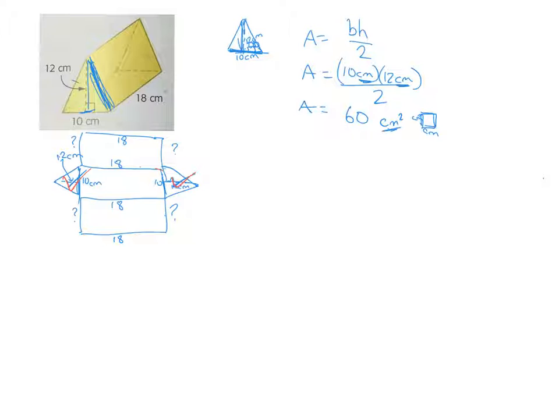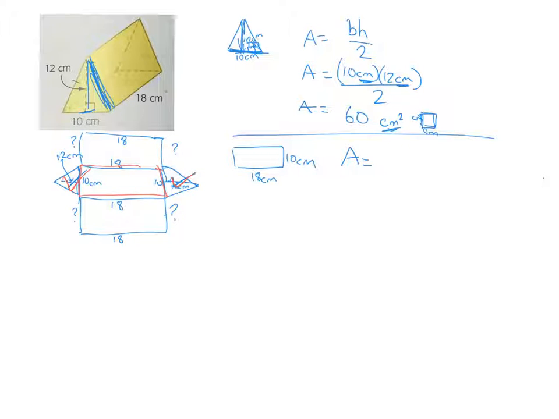We could easily calculate this rectangle here because I know the length and the width. So let's do that. So let me get out my blue pen. So the next thing we're going to do is this one, and it's 18 centimeters by 10 centimeters. So let's calculate that area.